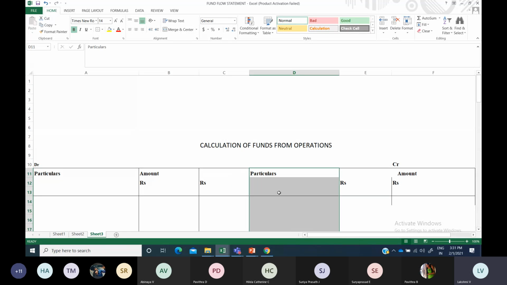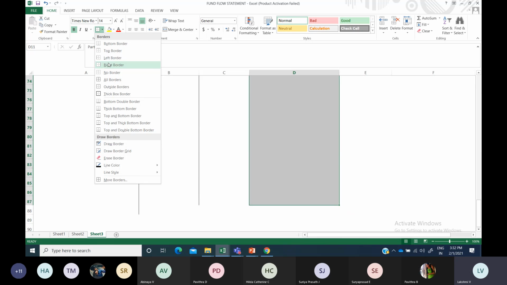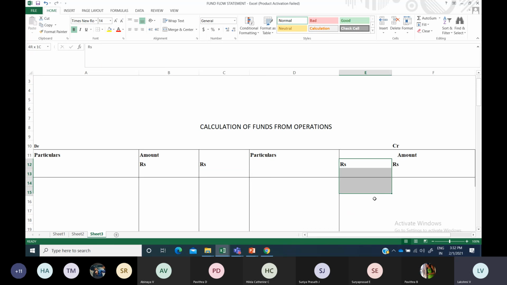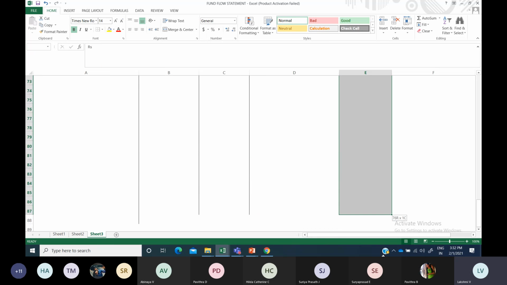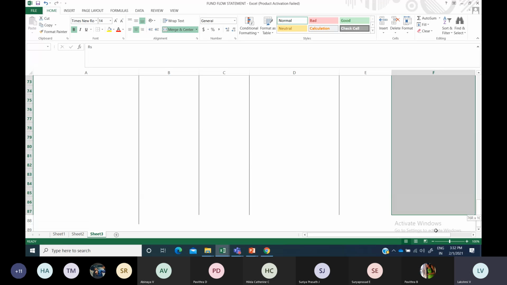If it is a statement format, then you will be using a single side of your notebook, only one side. If it is an account format, you will have a debit and credit side, so better to use both sides of your accounts note.